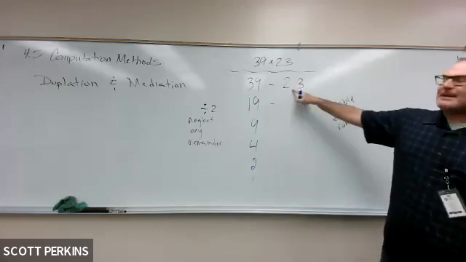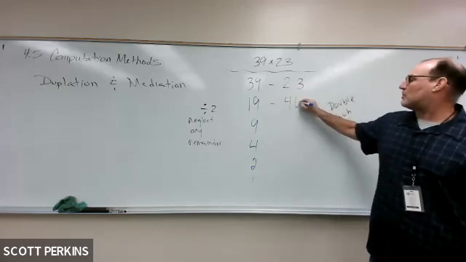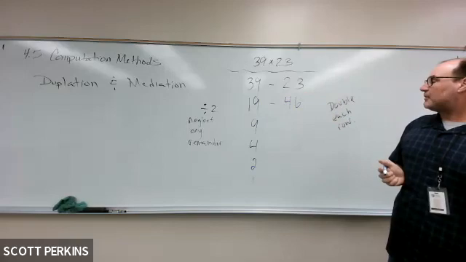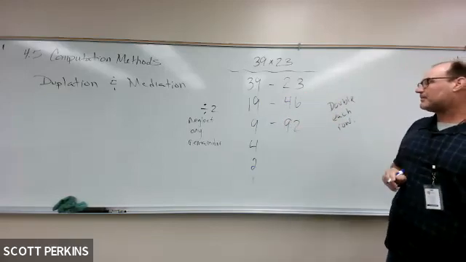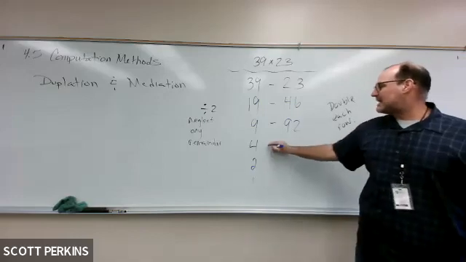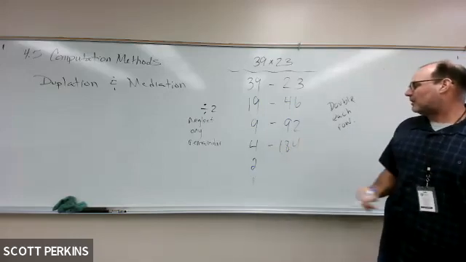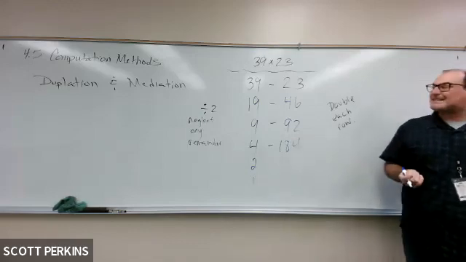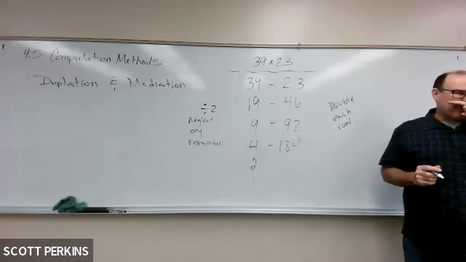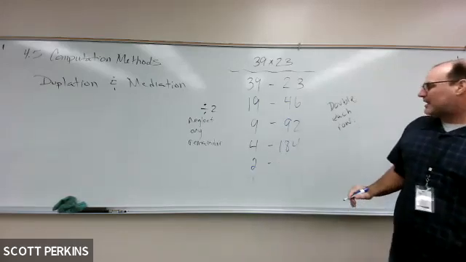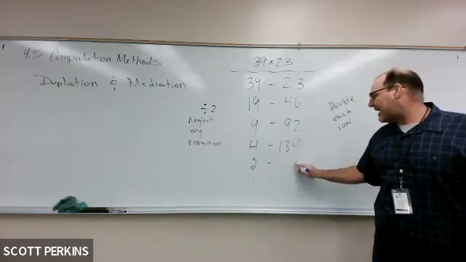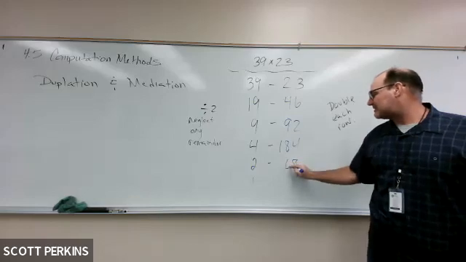So 23 times 2 becomes 46, or 23 plus 23 is 46. 46 plus 46 becomes 92. 92 plus 92 is 184. So the premise here is that adding a number to itself does not tend to be too big of a deal. 184 and 184, let's see, that's going to be 8, and then that's going to be 16.